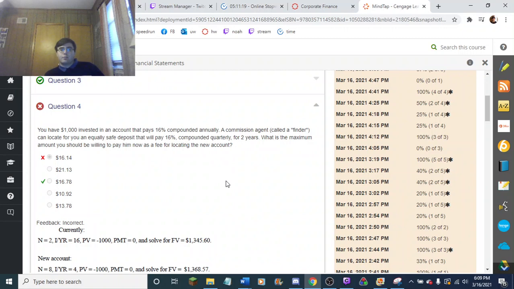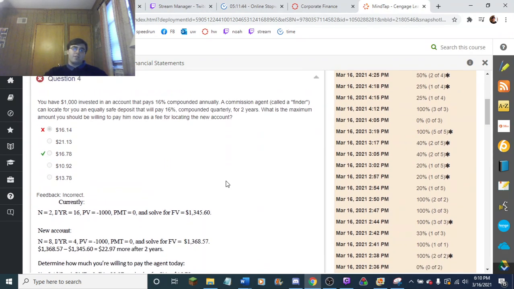Hold on a second. If it's compounded quarterly for 2 years, it's different. If the yearly rate, no, it's still 16.99 every year. That's the effective rate.